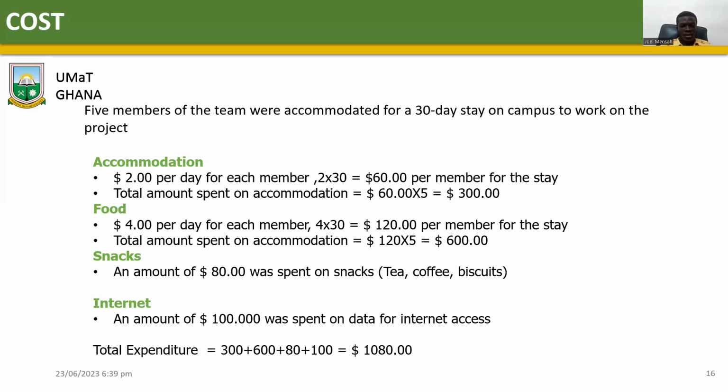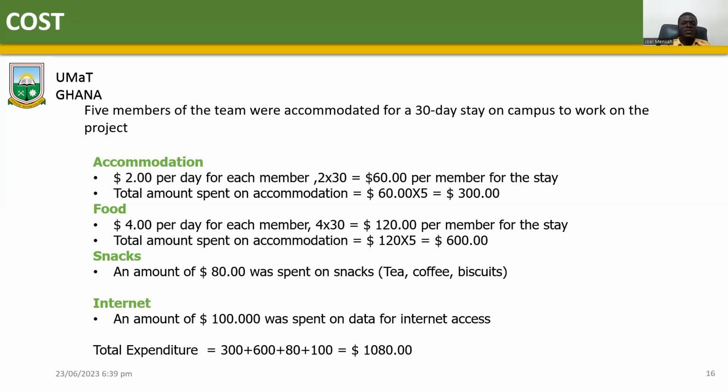Translating that to 5 members, a total of $300 was spent on accommodation. And $4 per day was disbursed to each member for food. For a month, it costs $120 for each member, so for the 5 members, a total cost of $600 on food.